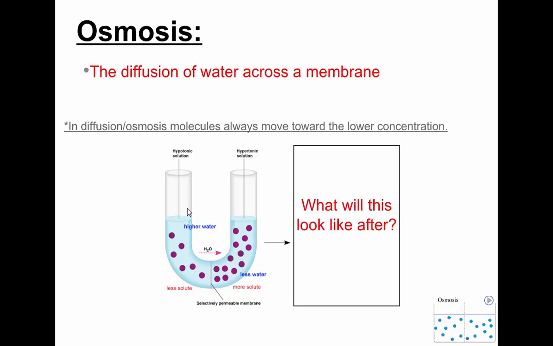How about water? Where's there a higher concentration of water in this apparatus? Christopher? The left side. Okay, there's more of a concentration of water here than here. Which way would the water like to go? Left to right. If this membrane is permeable to water, what do you think this would look like?